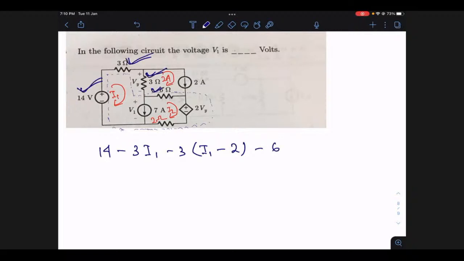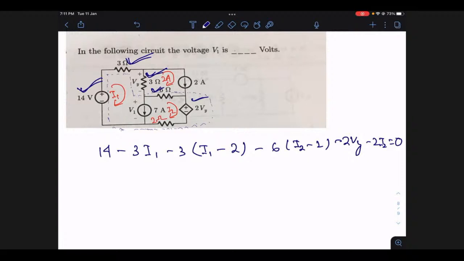Then I have to write the equation for this 6: minus 6 into (I2 minus 2). Then minus 2Vx, where I have to come here, then minus 2I2 is equal to 0. So this is what you are getting.